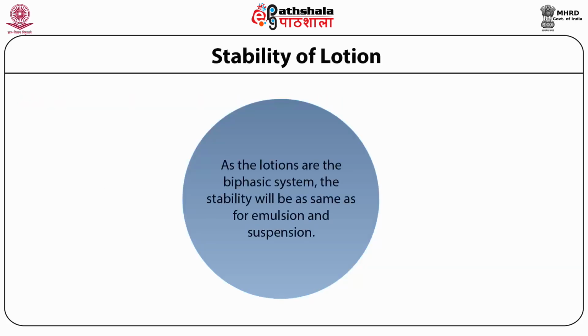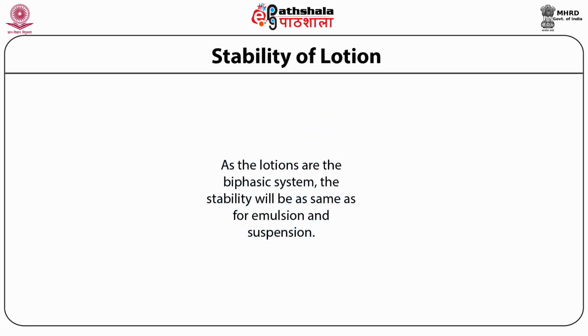The stability of lotions has also been discussed under the stability of emulsions and suspensions. Their stability is also the same as emulsion and suspension because lotions are also biphasic systems.